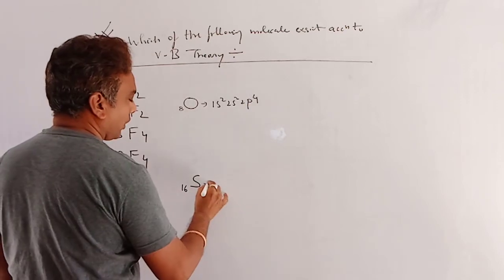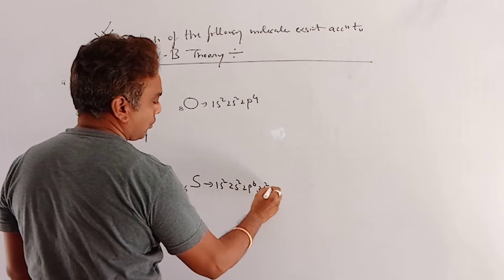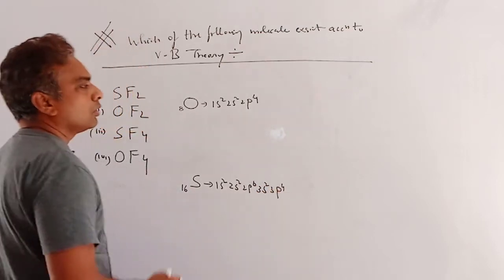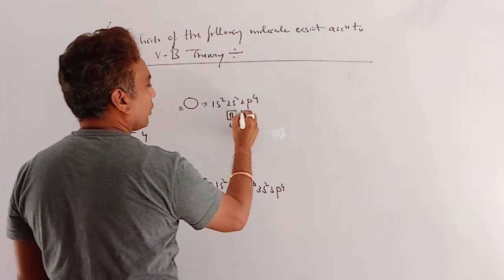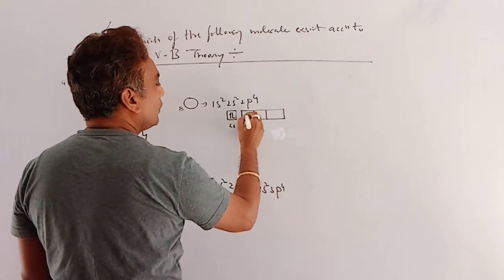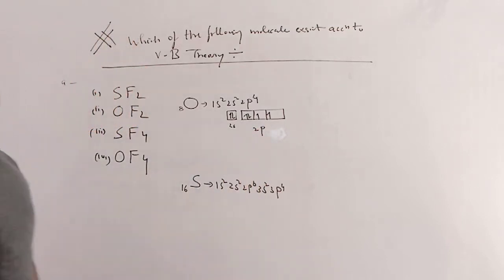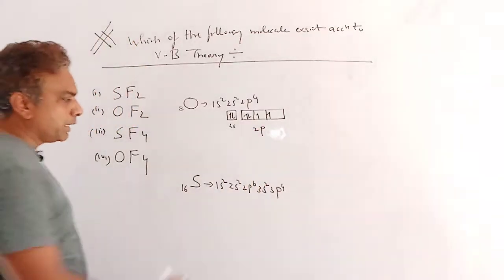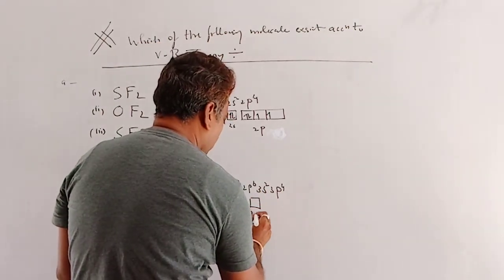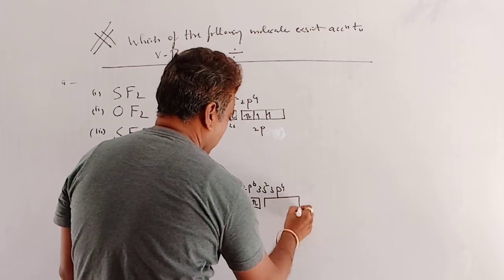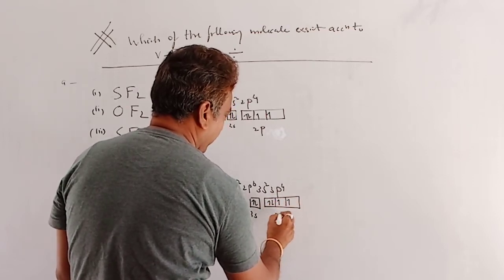But in the case of sulfur we have 1s2, 2s2, 2p6, 3s2, 3p4. So here is the orbital diagram. 2s box has 2 electrons, 2p box has 4 electrons. Clear? Similarly, in sulfur, the 3s box contains 2 electrons and 3p contains 4 electrons.